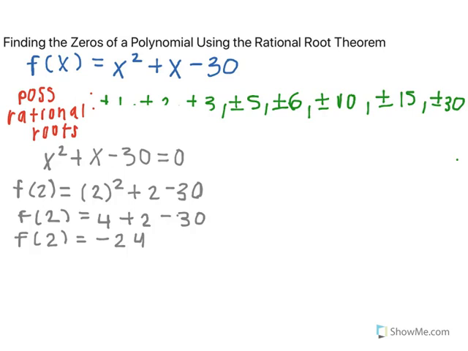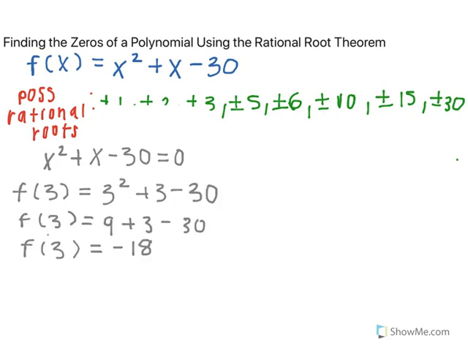Now let's try f of 2. F of 2 equals 2 squared plus 2 minus 30, which would be 4 plus 2 minus 30 equaling negative 24. Negative 24 also does not equal 0, so 2 is not a root of this function.